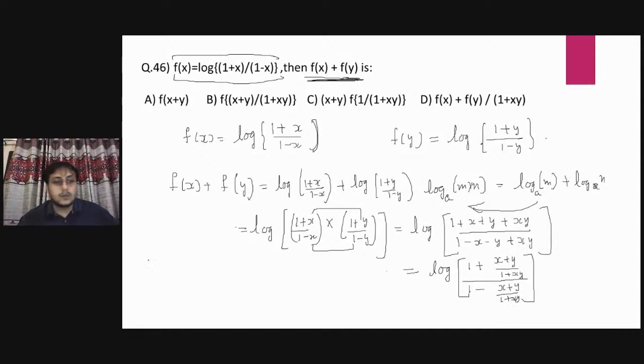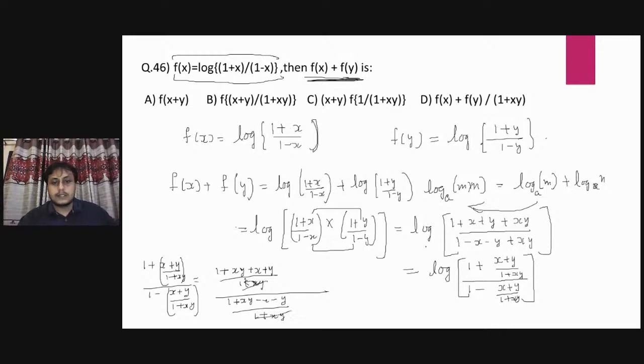This is the same as this one, because when you solve this, 1 plus x plus y upon 1 plus xy upon 1 minus x plus y upon 1 plus xy, it also becomes 1 plus xy LCM, 1 plus xy plus x plus y upon 1 plus xy, upon 1 plus xy minus x minus y upon 1 plus xy.